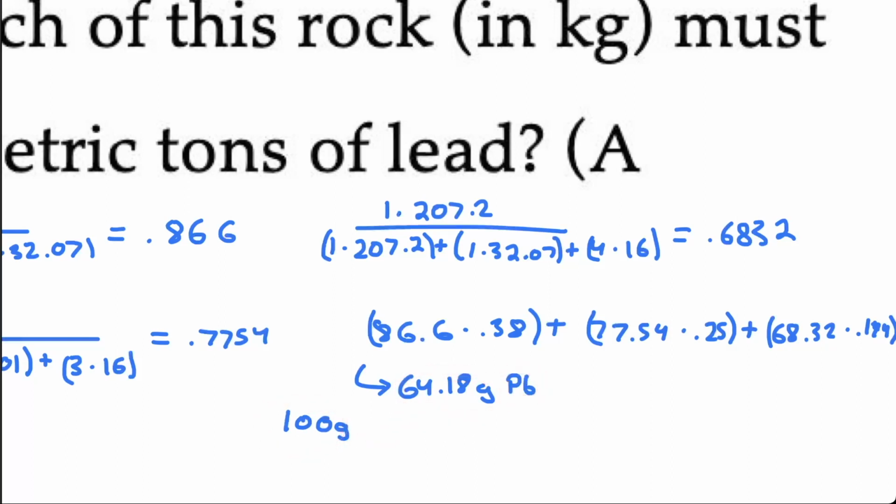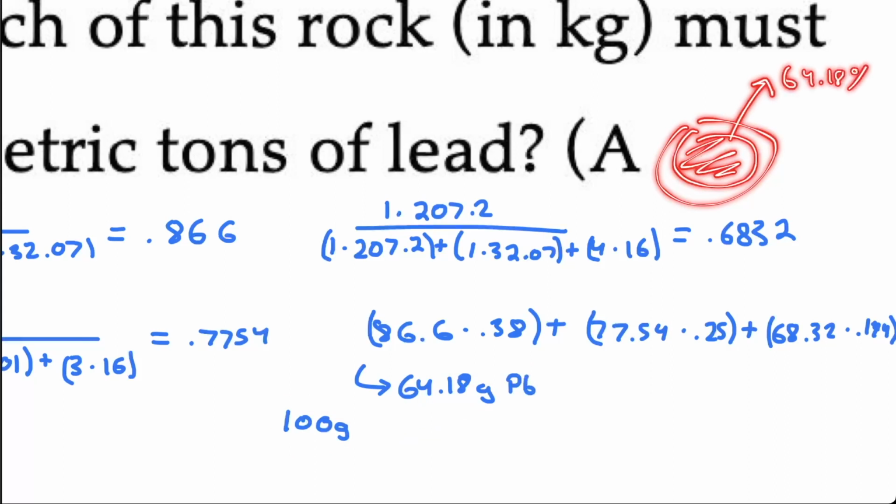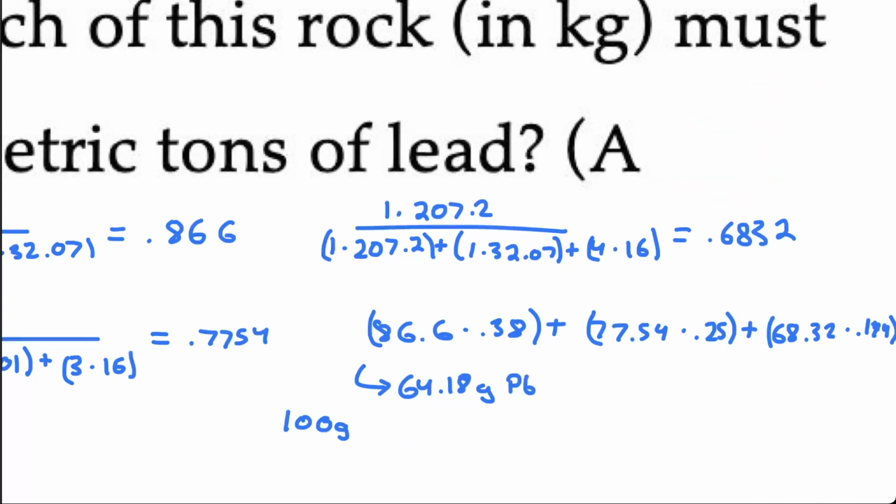Which is perfect. That's exactly what we're looking for. Now we have the big rock, and we know that this is 64.18%. The reason I'm just making this a percentage is because this is out of 100 grams, so it's divided by 100 technically.